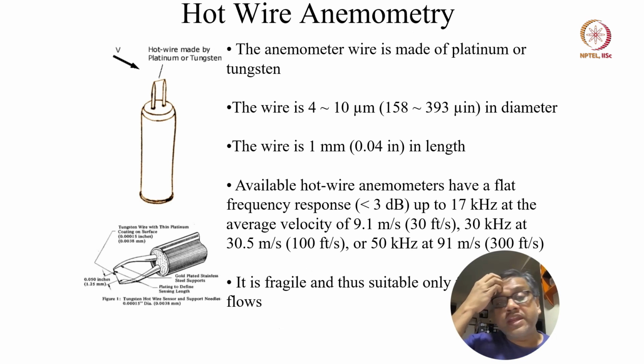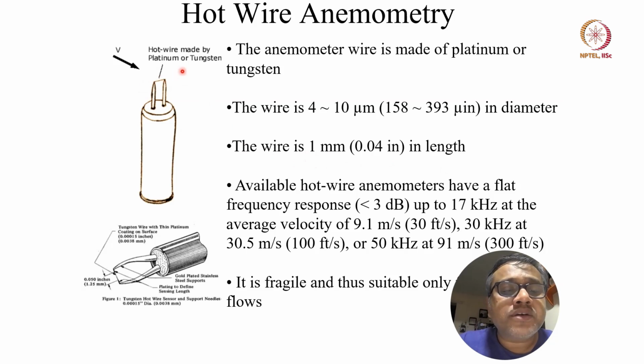So in the case of hot wire anemometry, if you look at it carefully, the anemometer wire is made of platinum or tungsten. This is the wire, held between two prongs. The wire is roughly about 4 to 10 microns in diameter, and about 1 mm in length.